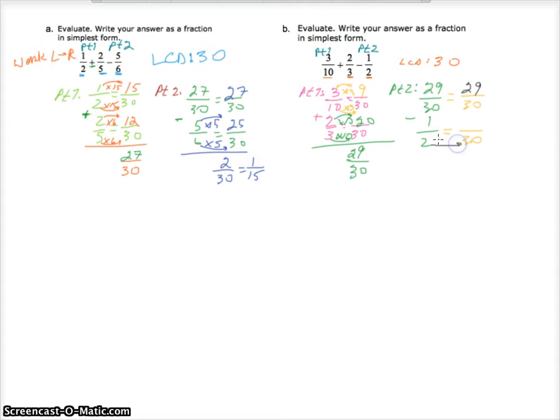From 2 to 30 is by 15. So I'll multiply the top by 15. So 1 times 15 is 15. I have 29 minus 15 is 14 over 30. I can reduce these, divide the top and bottom by 2, which gives me 7 over 15. All right, go ahead and complete the bottom 2 questions on your page. Good luck.